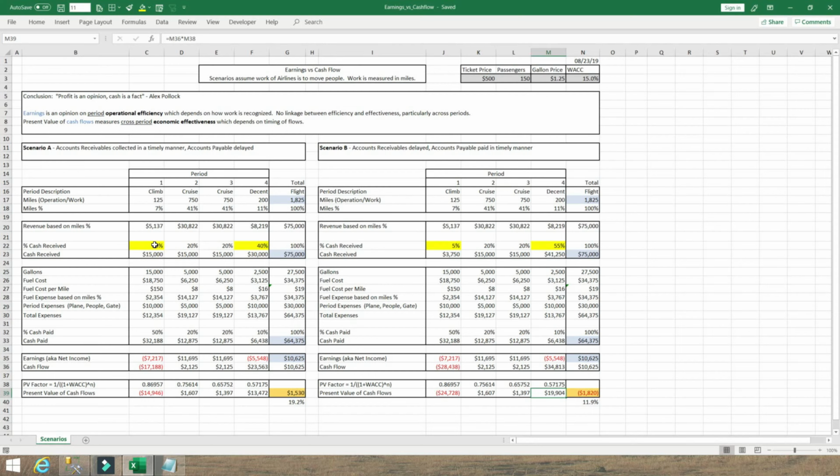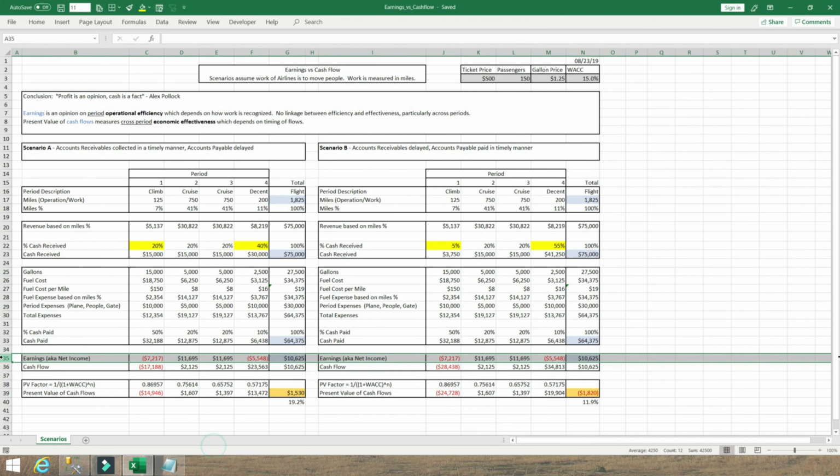And that slight difference of just when cash is actually collected makes the difference between a project that is earning less than its weighted average cost of capital and therefore destroying value, versus a scenario where a little bit more cash is collected up front, and now we have a return above the weighted average cost of capital, and we're actually creating value. But the earnings are exactly the same between these two scenarios.